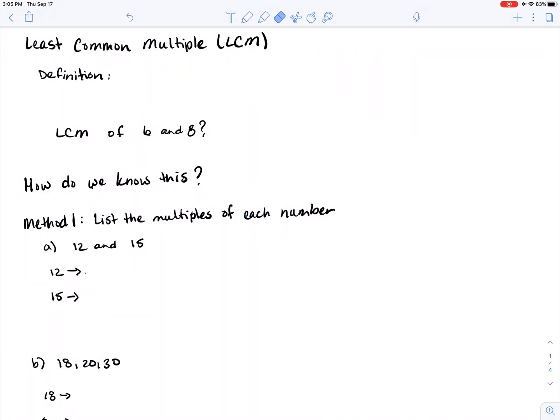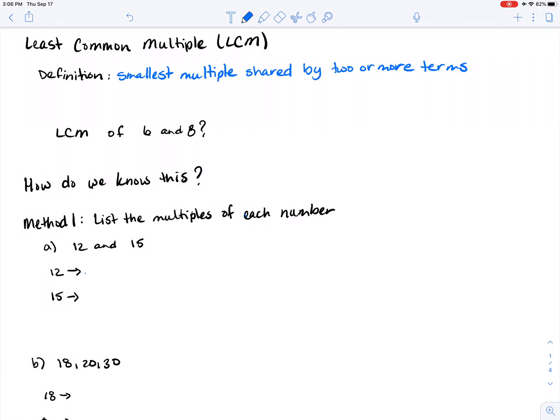The least common multiple, or LCM. By definition, the least common multiple is the smallest multiple shared by two or more terms.